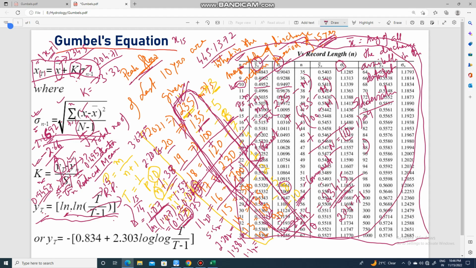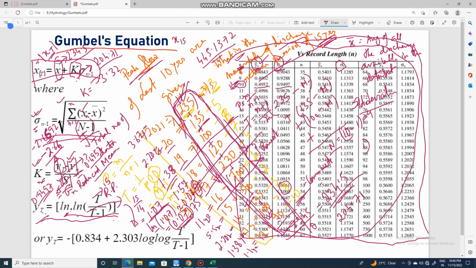First we find the total number of data you have. In our case it is 10. This column n will hold the total number of data, this column yn bar will hold the corresponding reduced mean, and this column sigma will hold the corresponding standard deviation.